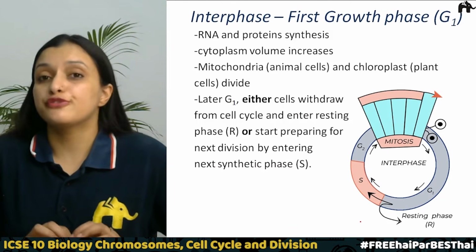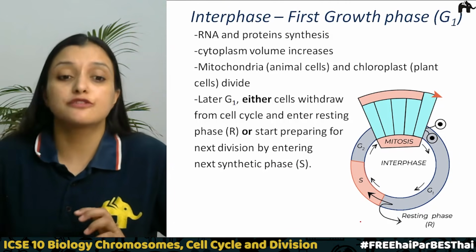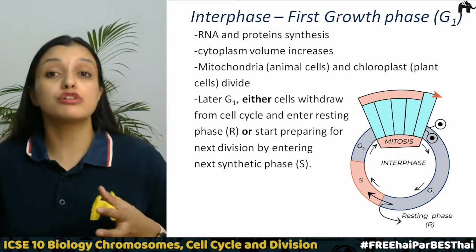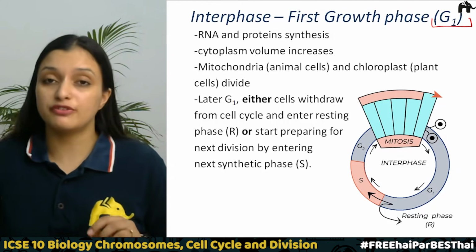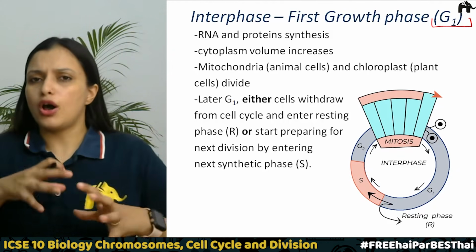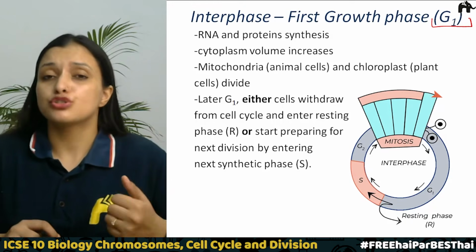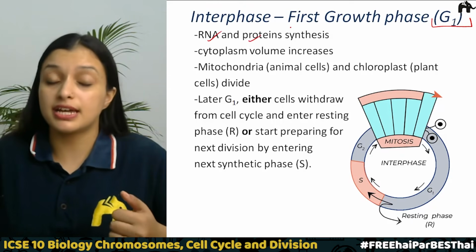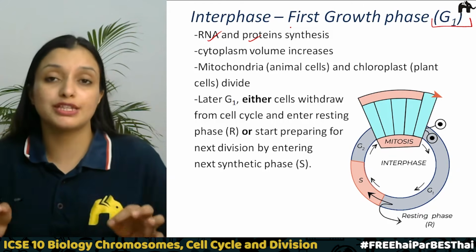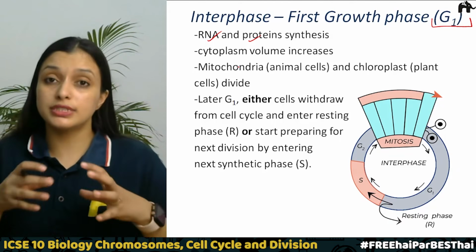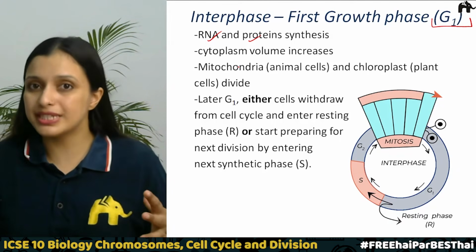Now the first phase of interphase, that is the first growth phase, and we also call it the G1 phase, right? So what all happens during this G1 phase? RNA and proteins are synthesized during the G1 phase of interphase, and also the cytoplasm volume increases, right?